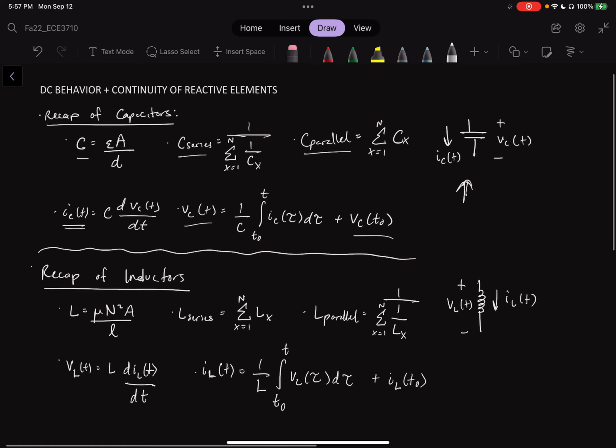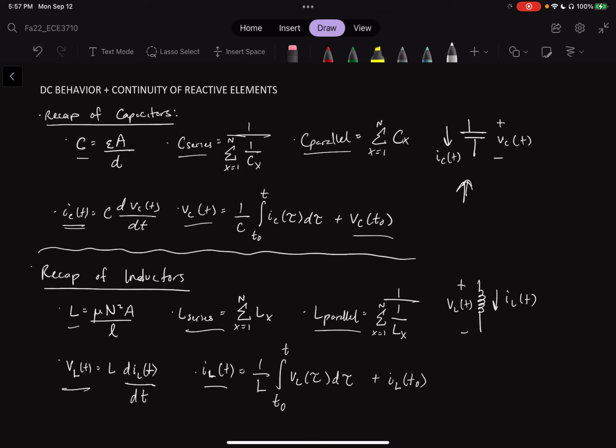Now, with respect to inductors, we could calculate the inductance of an inductor by knowing the permeability, the number of turns squared times the area of one of those coils, divided by the length of the inductor. We could calculate the series and parallel equivalents of an inductor, and we can calculate the voltage of an inductor by taking the derivative of its current function.